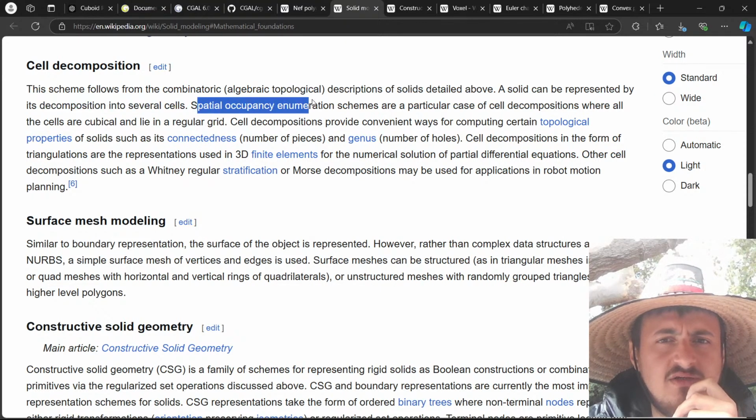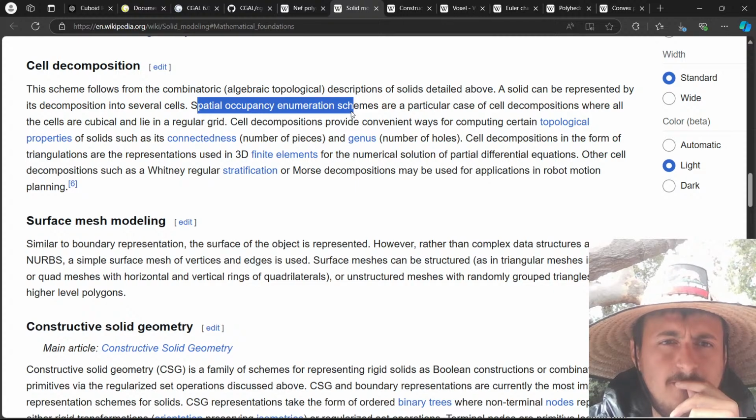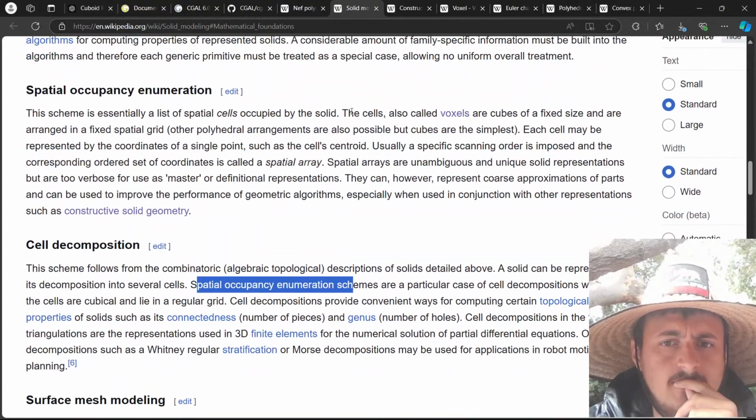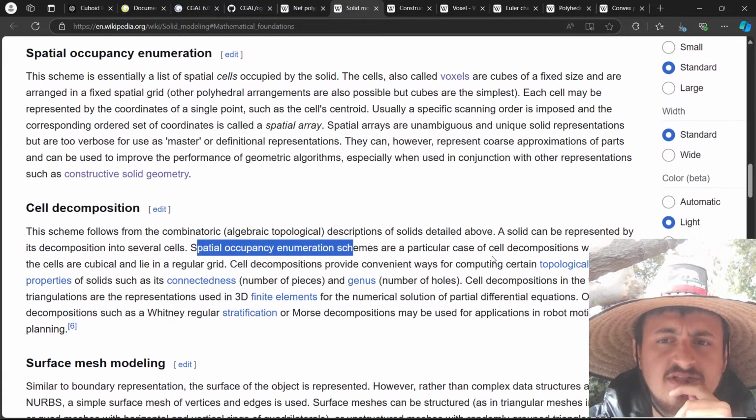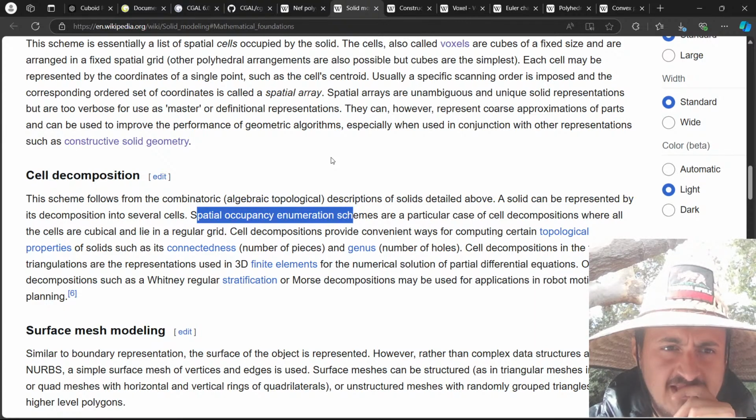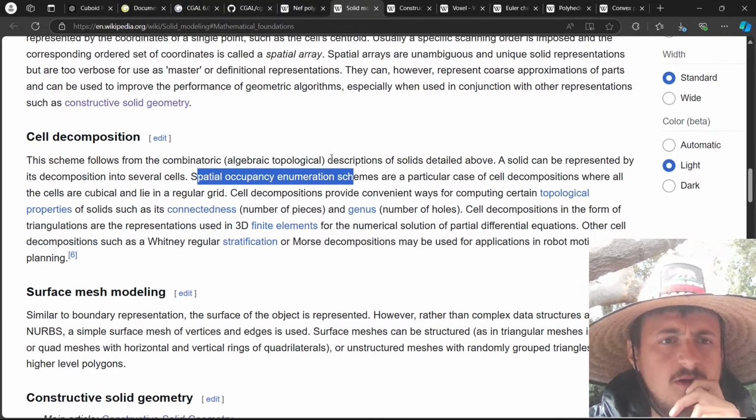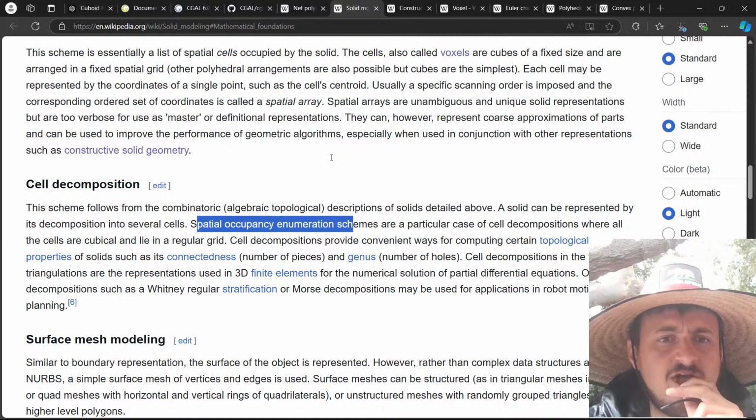Spatial occupancy enumeration schemes like this one are a particular case of cell decompositions where all the cells are cubical and lie in a regular grid.